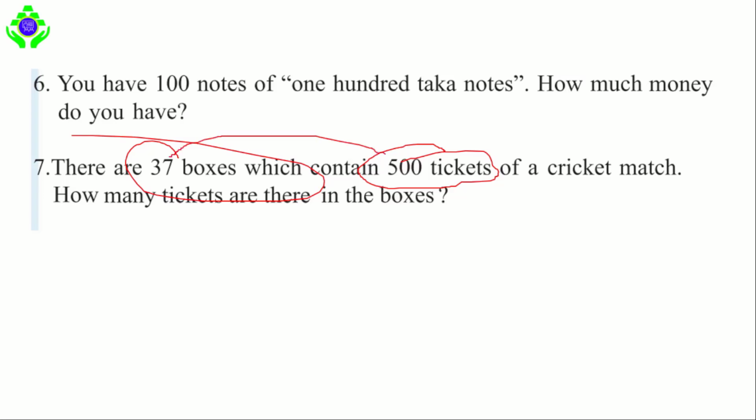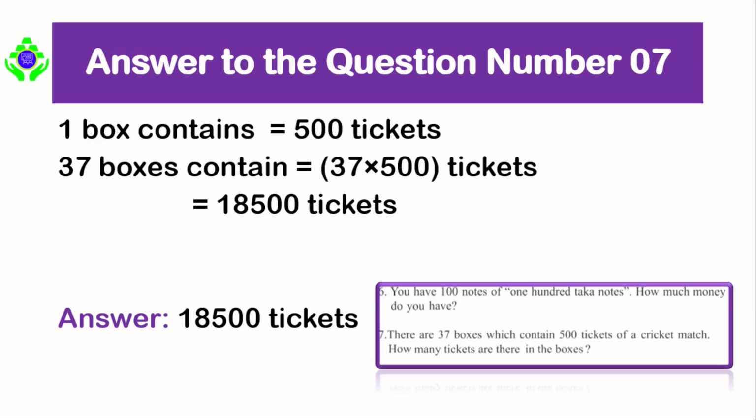So let's try to solve this question. It's the solution of question number 7, where I can write one box contains 500 tickets. So 37 boxes contain this 500 multiplied with this 37. So 37 into 500, it's written there.